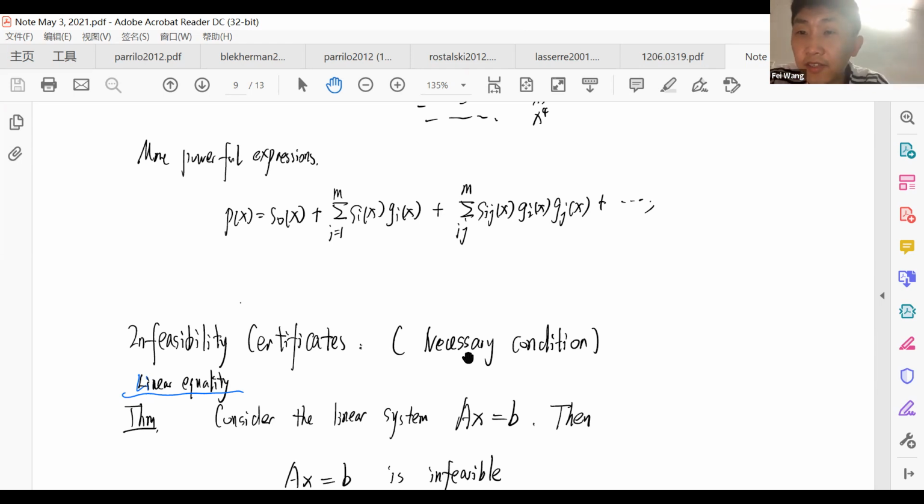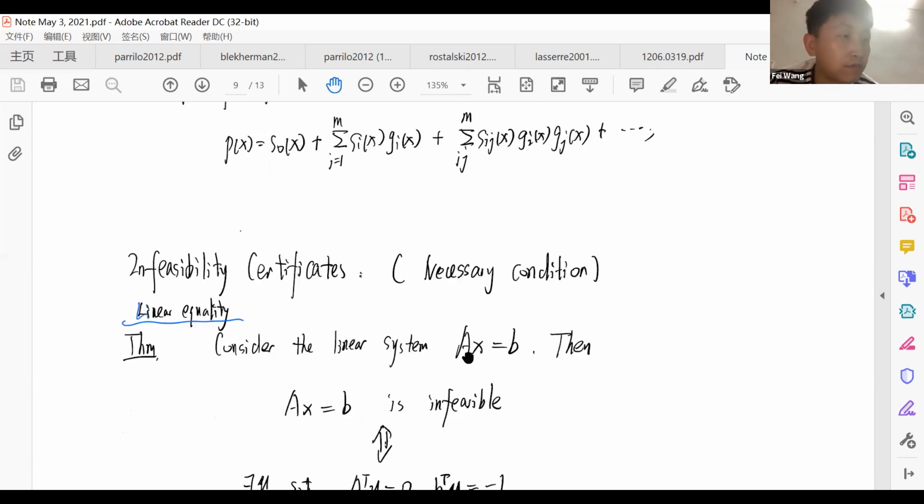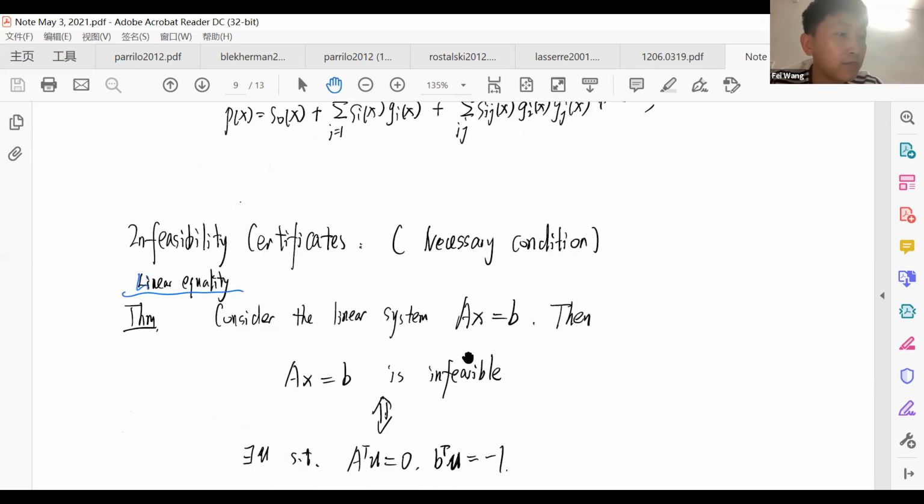And this necessary condition is usually an infeasibility problem.